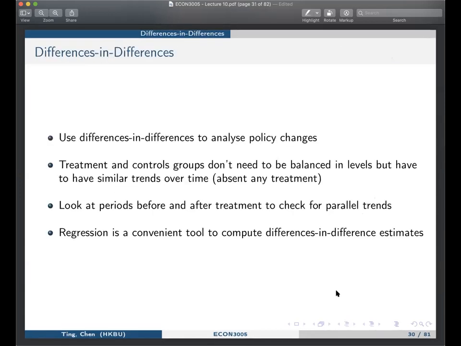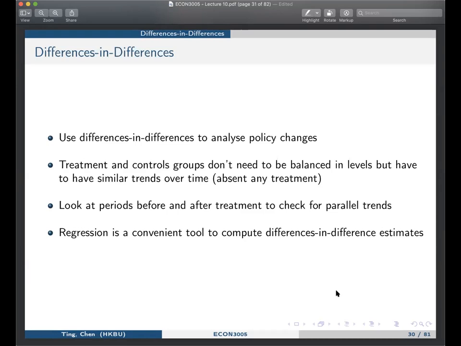So to sum up, the difference-in-differences estimate is a very good tool to analyze and study policy changes. The advantage compared to the experiment setting, where we rely on randomization, is that now we don't need the treatment group and control group to be balanced in level before the treatment.